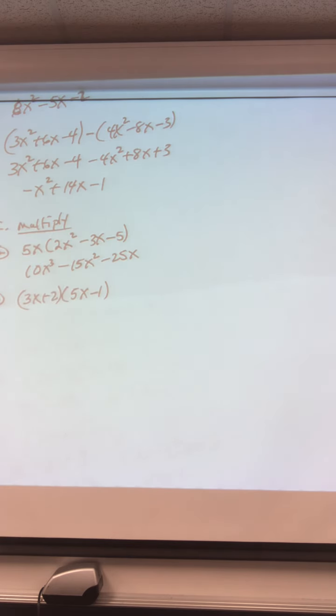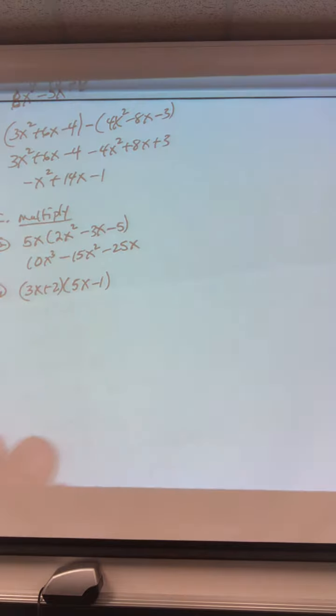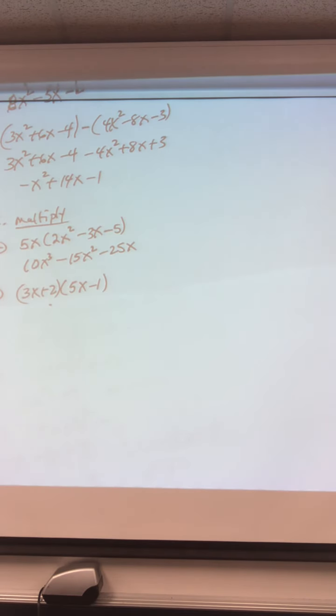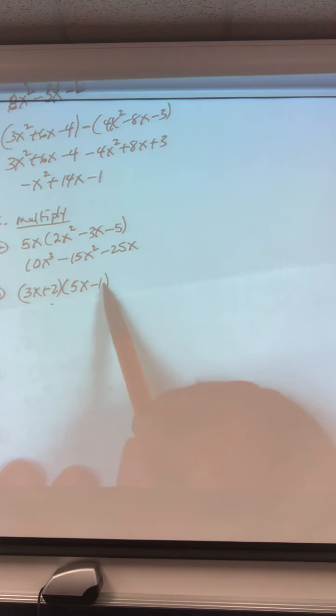All right, now we're going to take 3x plus 2 times 5x minus 1. A binomial times a binomial. We give this a special name. It's called the FOIL method. So you take this first term and multiply it times both of these, and this term times both of these.